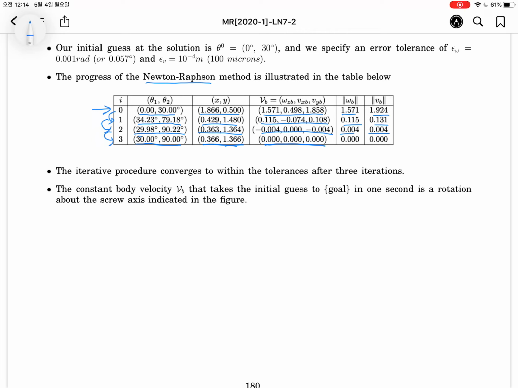Just after 3 steps, the body twist is given as a zero vector. So the omega b and VB will be 0. Like this, just 3 steps will provide a very exact solution of the IK problem. Like this, the Newton-Raphson method is very computationally efficient.